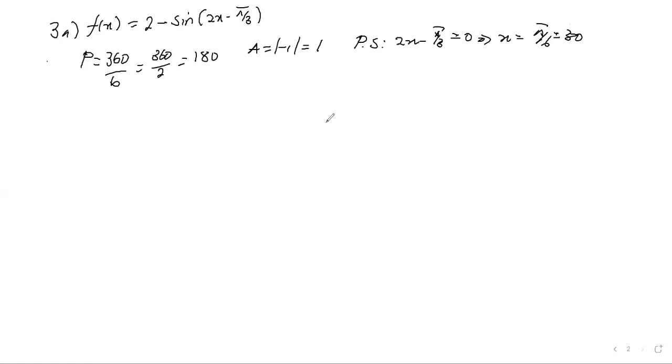Okay. So if you can't see what I'm writing, at least you can hear. So we have found the 3 things that are asked: the period, the amplitude, and the phase shift. The second part is saying sketch.